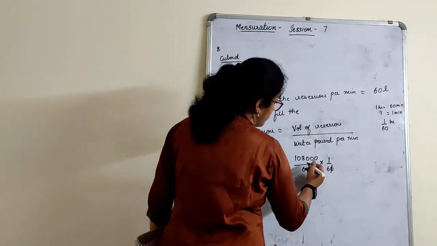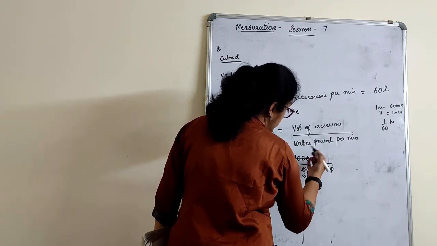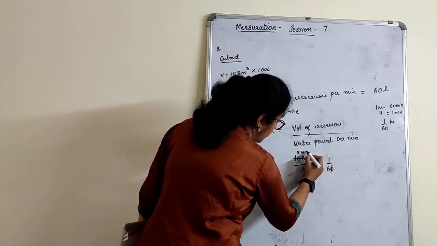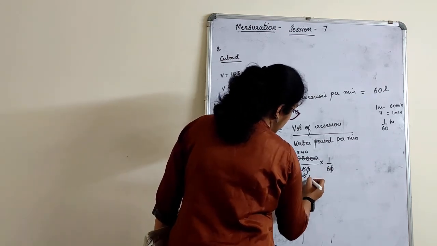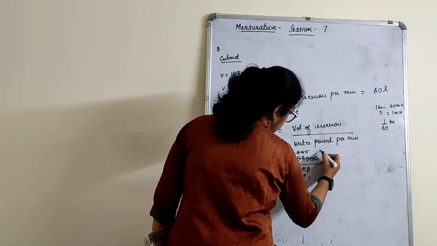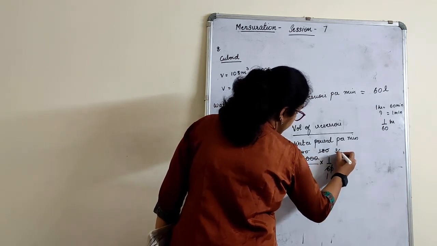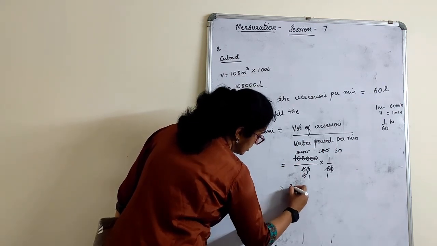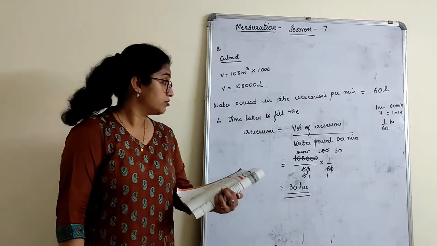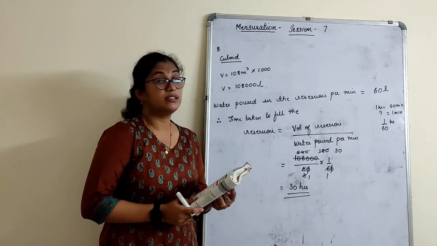Cancel the zeros. 2 5s are 10, 2 4s are 8, 1 zero will remain, 3 1s are 3, 3 8s are 24. So this is 30 hours. So the number of hours it takes to fill the reservoir is 30 hours.